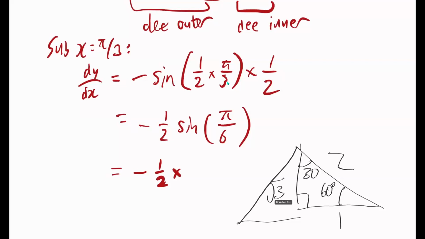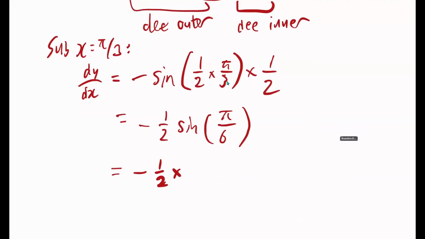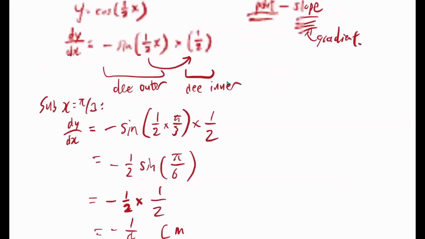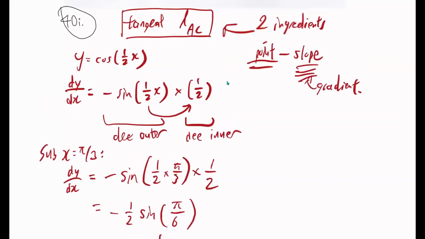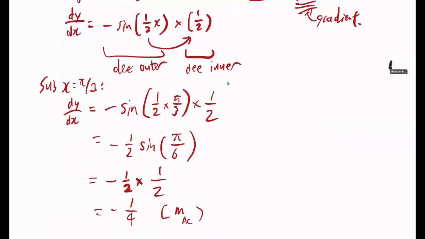Then sine 30 is a half. Exactly. So therefore it's negative 1/4. That is the gradient m of AC. Is that clear? So we got the slope already, 50% of the work done, for the point-slope formula.